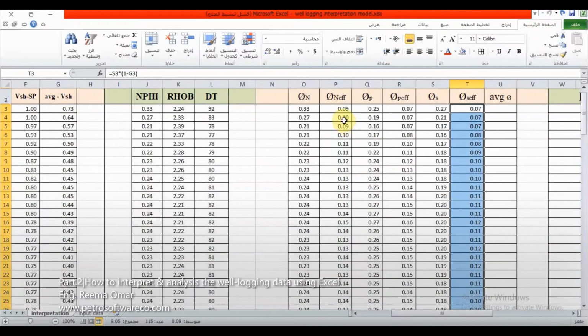So now we have calculated the effective porosity from neutron, from density, and from sonic.